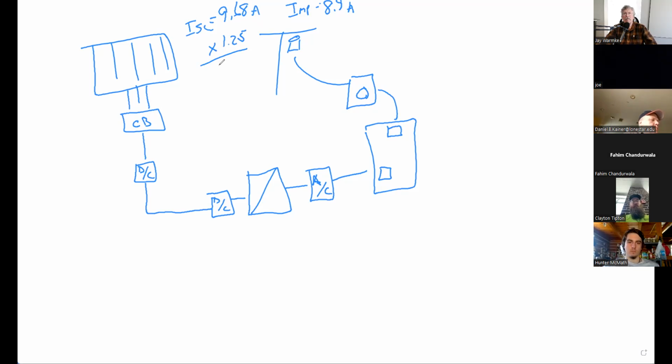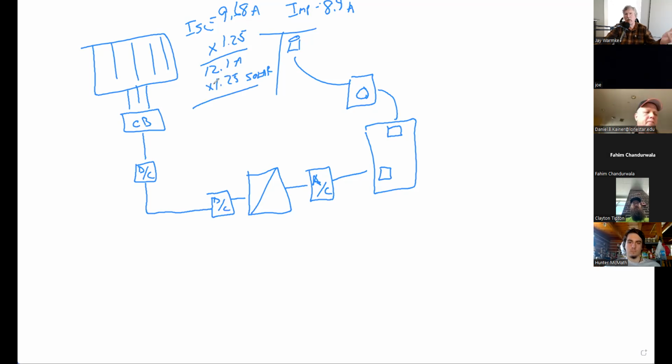Shout it out. 12.1. 12.1 amps. Now, if we're doing just regular wiring, we'd be done. But because of the variability of solar, we have to multiply this times 1.25 again. That's the solar variability factor.